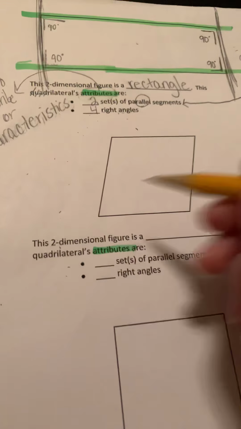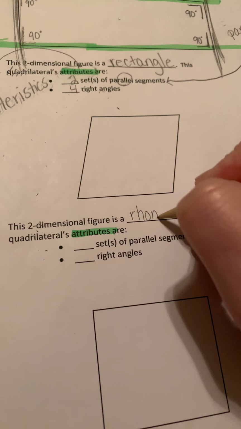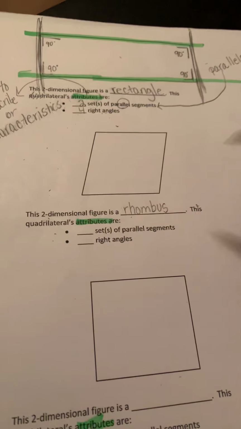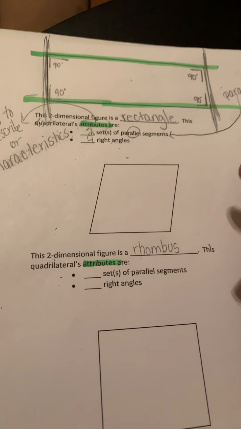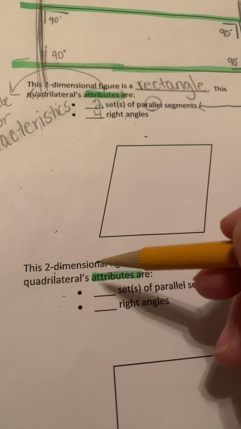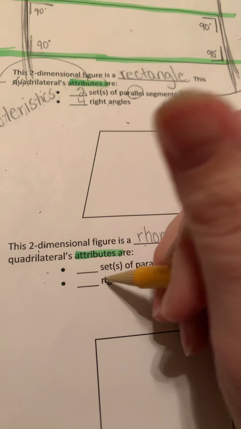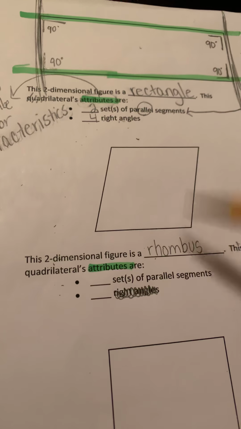All right, this guy. This guy is a rhombus. R-H-O-M-B-U-S. A rhombus. Kids always like to say it's a leaning square. True. This quadrilateral's attributes. Oh, Miss Pierce screwed up. All right, how many sets of parallel segments?